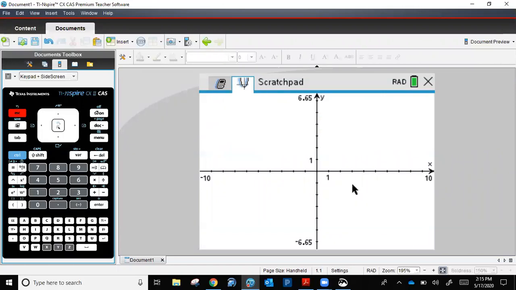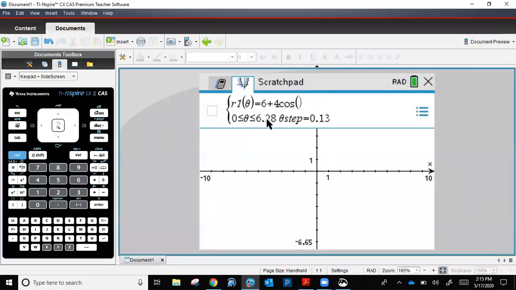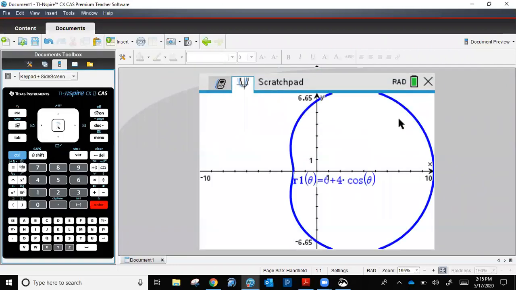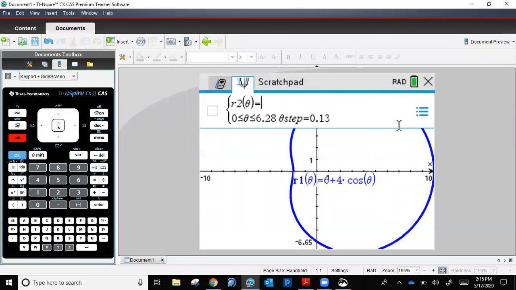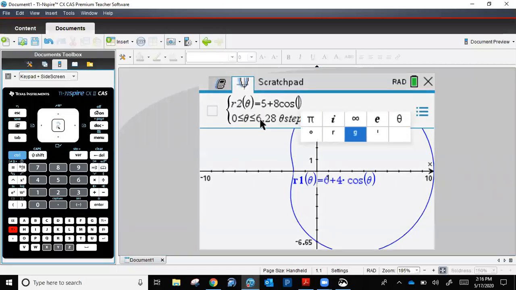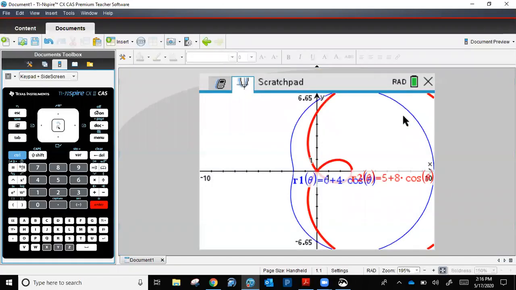We're going to do 6 plus 4 cosine of theta. There's the first curve. Tab, I can type in 5 plus 8 cosine of theta, or Desmos works for this as well, if you don't have a graphing calculator to work with.